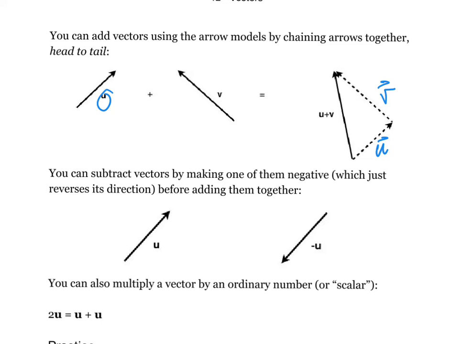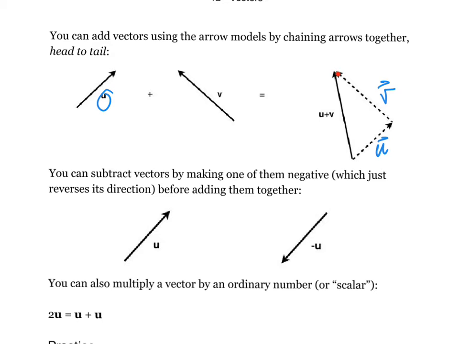Vector v starts where vector u finished, and it goes in vector v's direction, and it goes as far as vector v goes. So this is the same length as this vector v, and it's in the same direction. It started where vector u ended, and it goes up to here. So we've walked basically two paths, a path for vector u and a path for vector v.